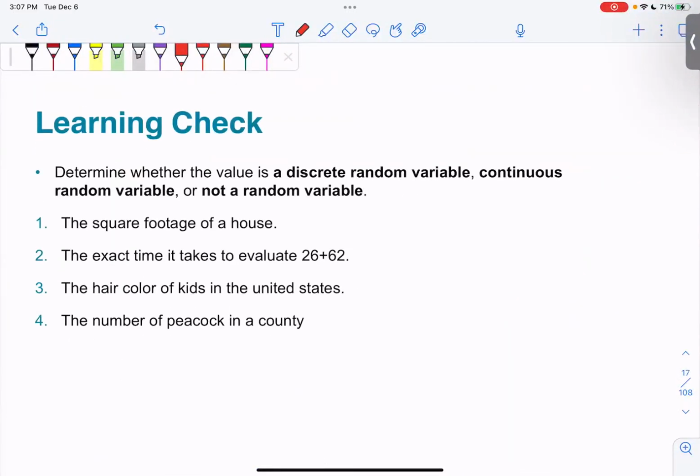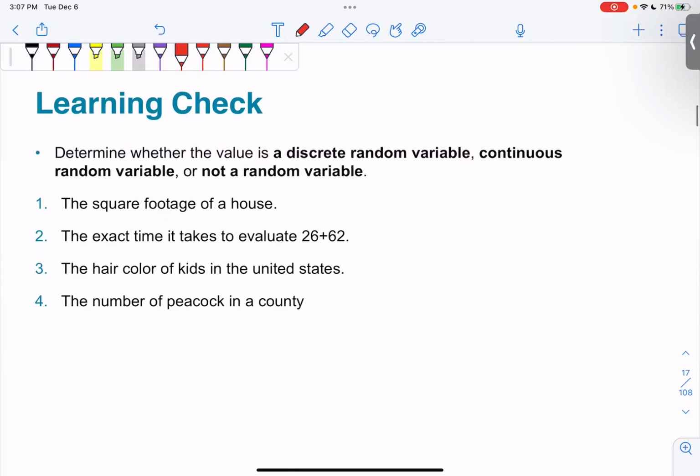Okay, so let's see this one now. Determine whether the value is a discrete random variable, continuous random variable, or not a random variable. So can you check for me the first one? Is it discrete, continuous, or not a random variable?